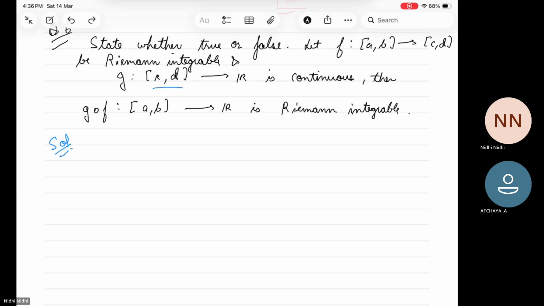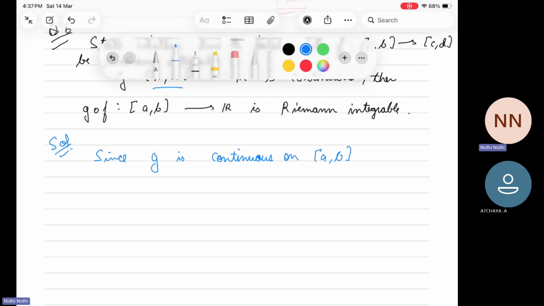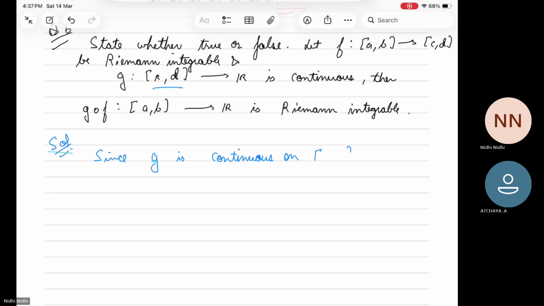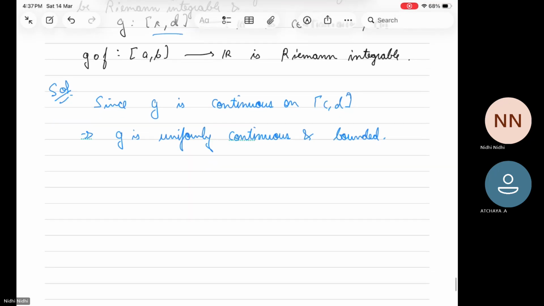Since g is continuous on a compact domain, sorry, this is singular, [c, d], this implies g is uniformly continuous and bounded as well.